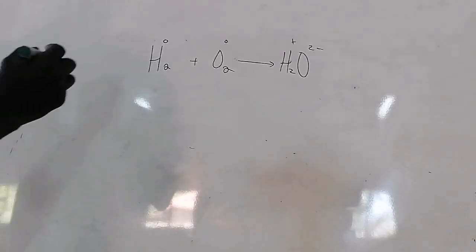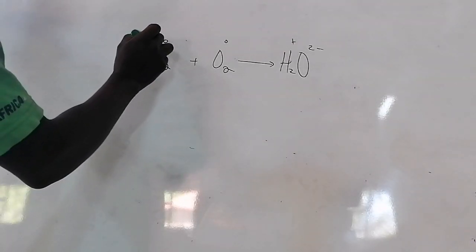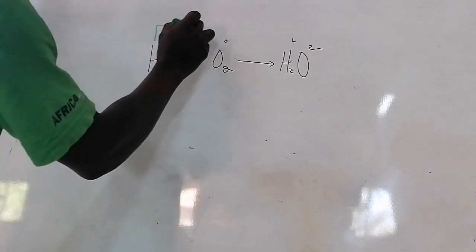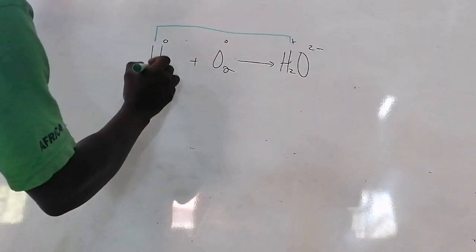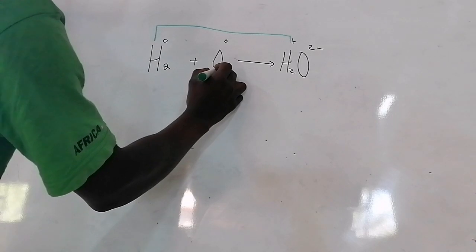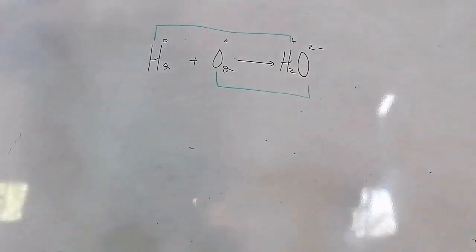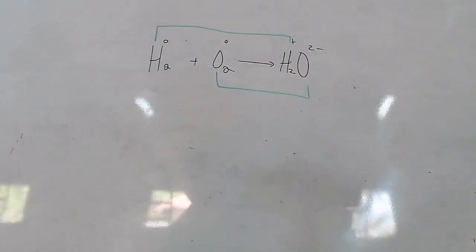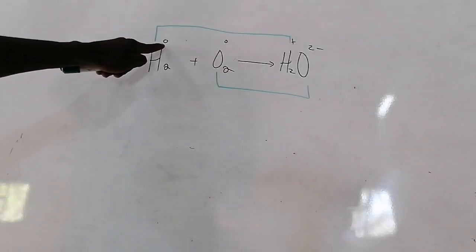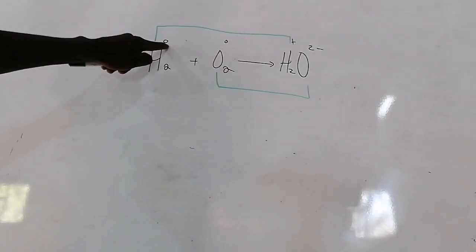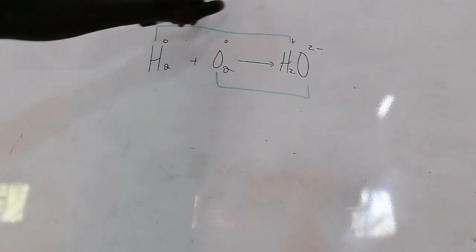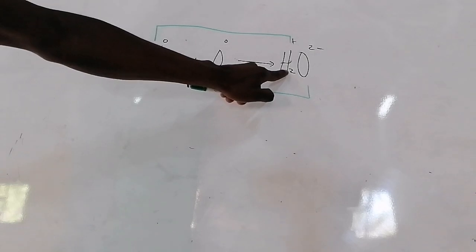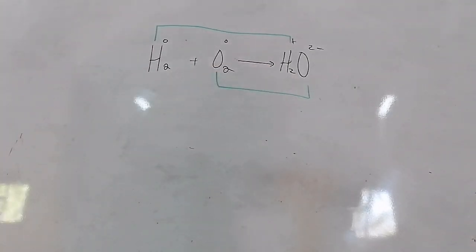All right, now let's group them together: the hydrogen atom with the hydrogen atom, oxygen atoms with the oxygen atoms. All right, now you can see from the electrons of the H atom, or hydrogen atom, in the reactant with that hydrogen atom in the product side.